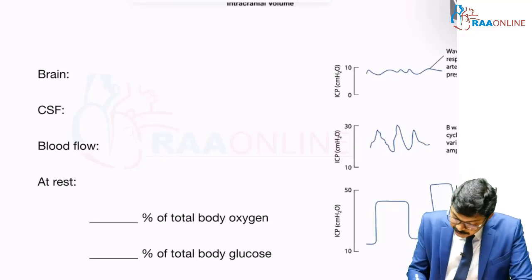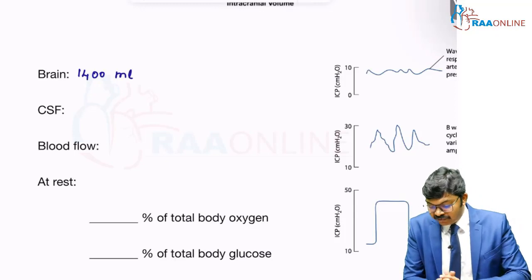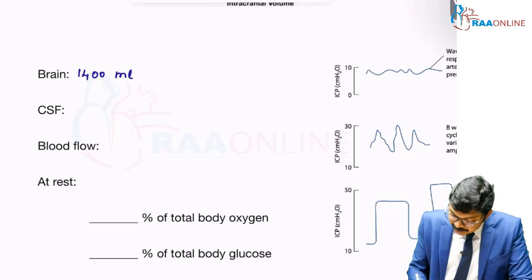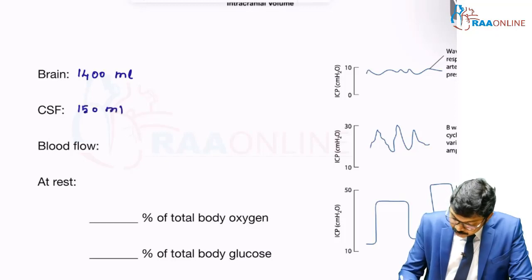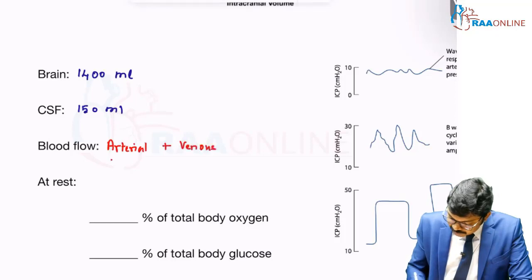Now guys, please remember, the brain has a volume of about 1400 ml. Cerebrospinal fluid has 150 ml of volume. Blood flow, arterial plus venous together, is another 150 ml.